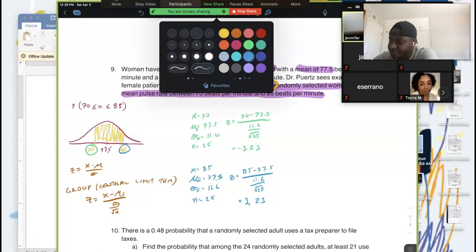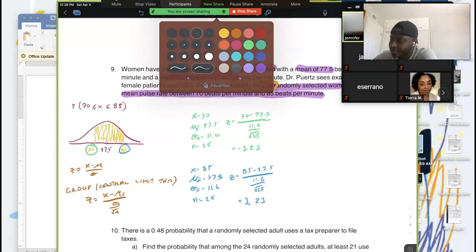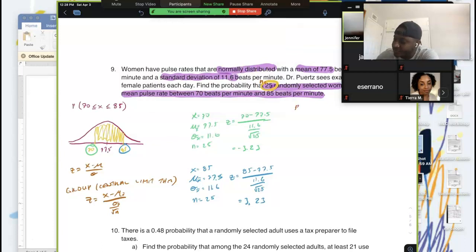All right, so now we've standardized them, and we are trying to find the probability that z is between those two, so negative 3.23 and positive 3.23. Everybody cool with that?